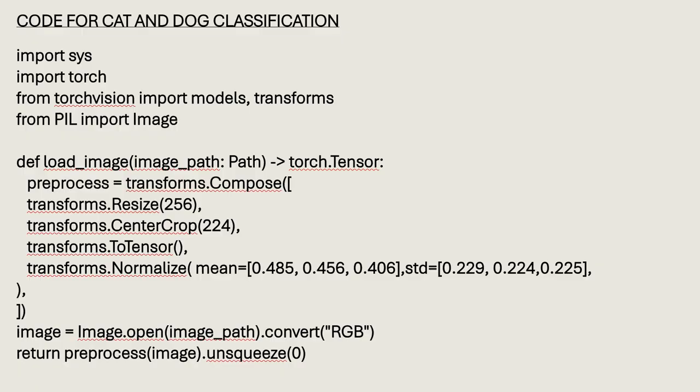Without wasting any further time, we'll get into our classification. We are using image classification here. Image classification is a type of classification where the input is an image and the output is a label describing the image.